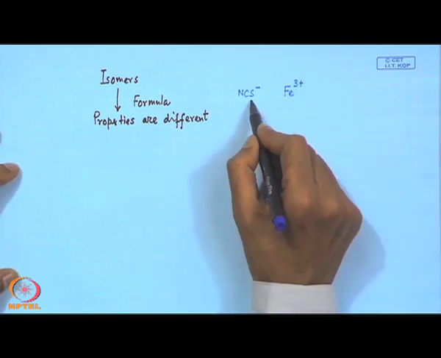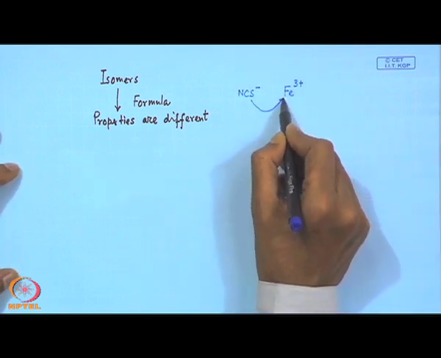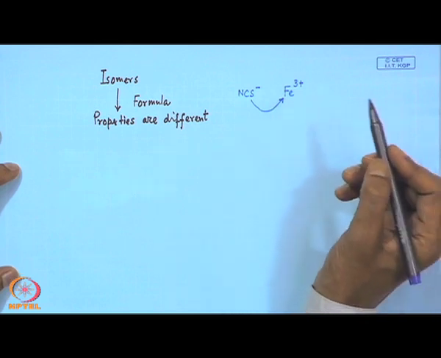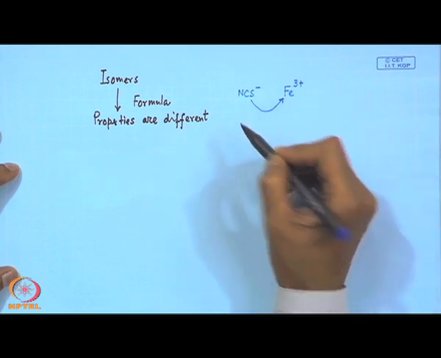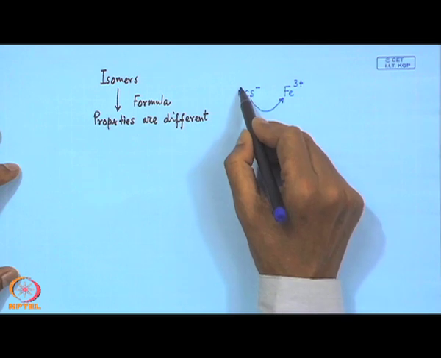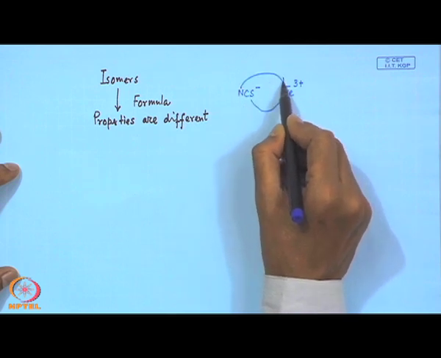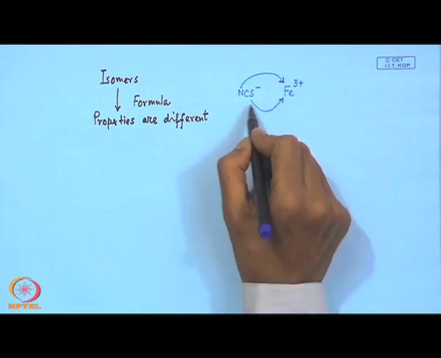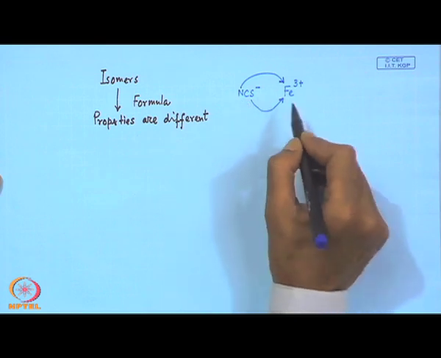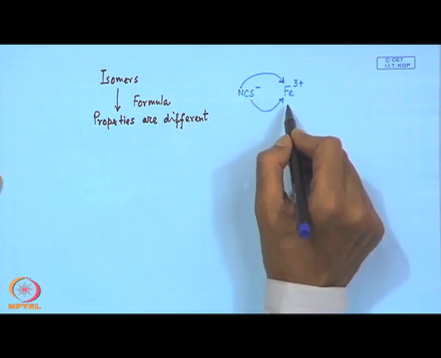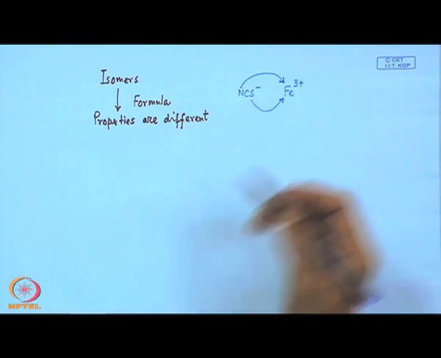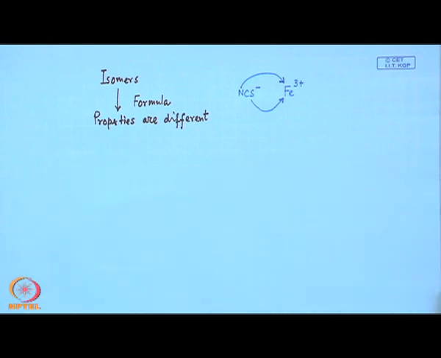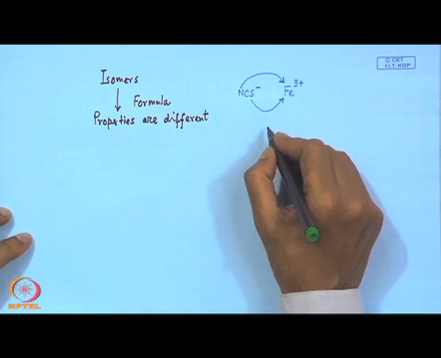If it is binding through sulfur to the iron center, it can have one type of property, but if it binds to the nitrogen, it can have a different type of property, because the nature of the sulfur donor center and the nitrogen donor center are two different. So, we will just consider how they can have different properties.